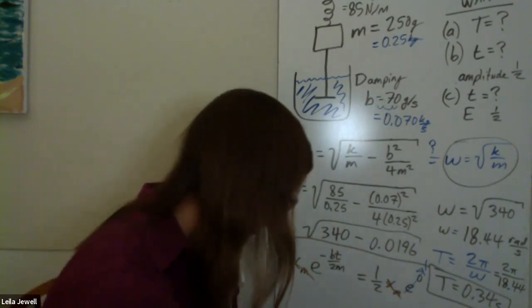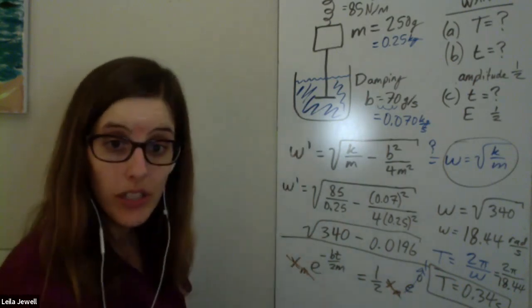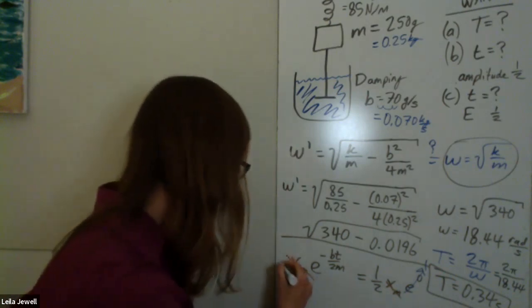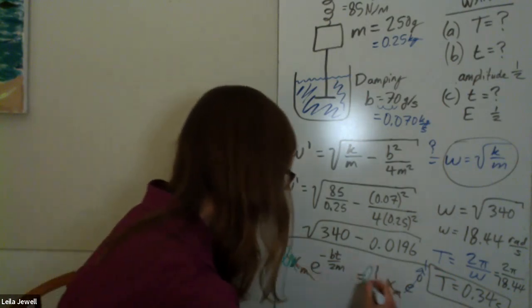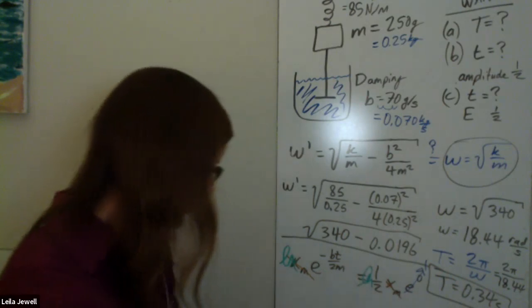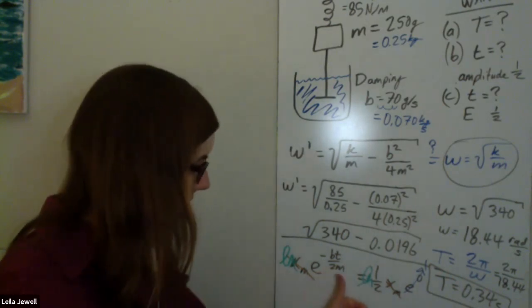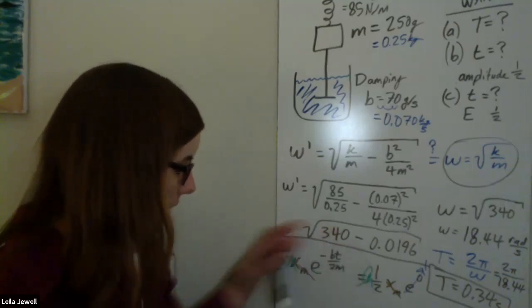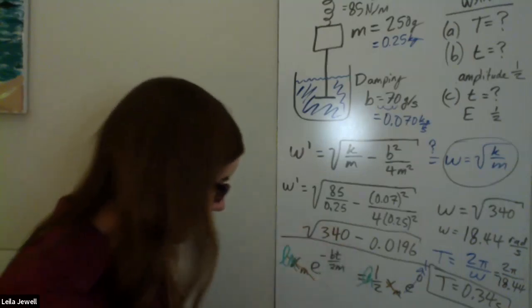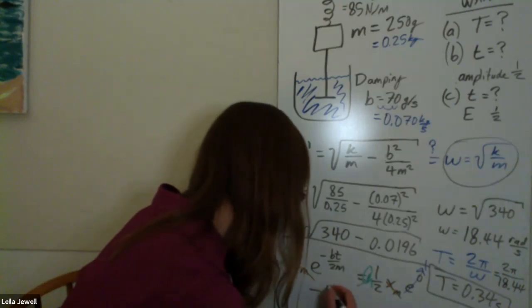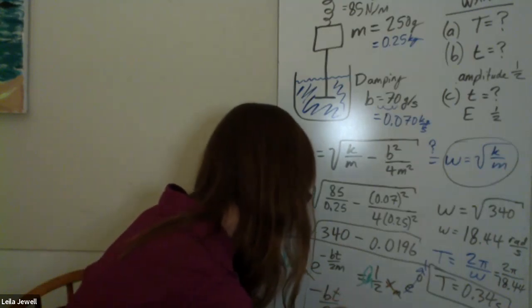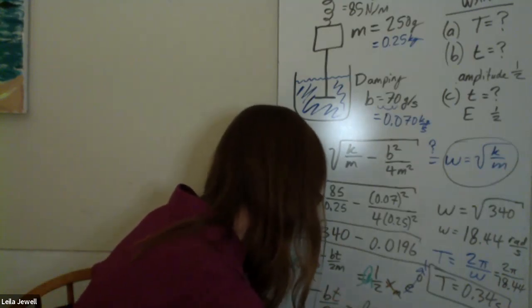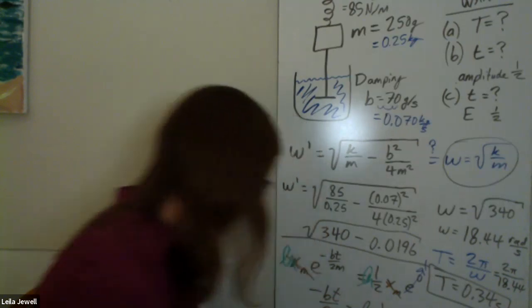So to get rid of the exponential, we can take the natural log of both sides. Sorry, that's getting a little messy. So if we take the natural log of e raised to stuff, all of the exponential power will come in front, the ln of e will cancel out, and so we get negative bt over 2m is equal to the natural log of 1/2.